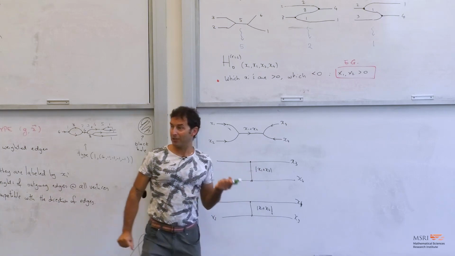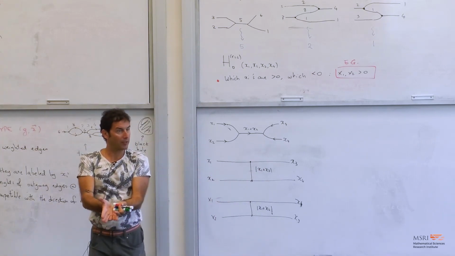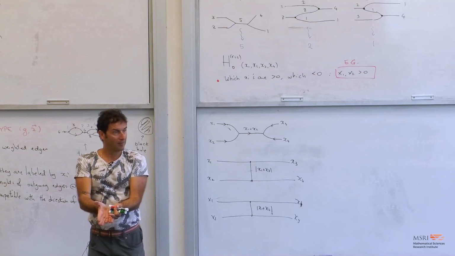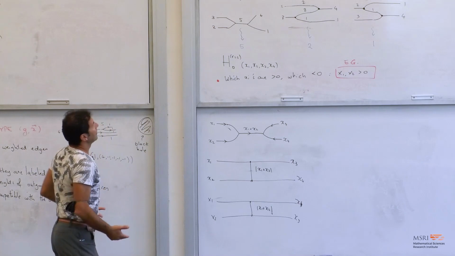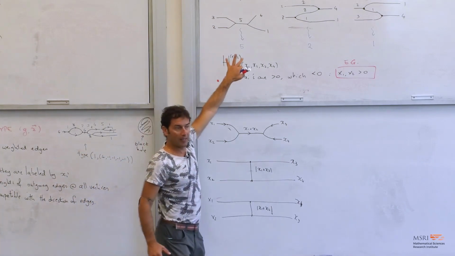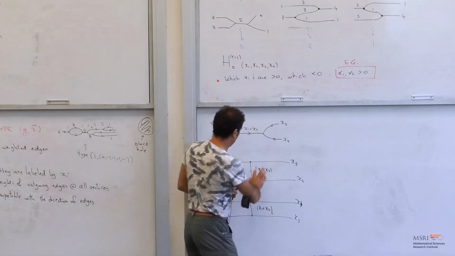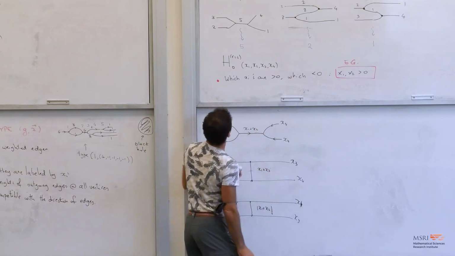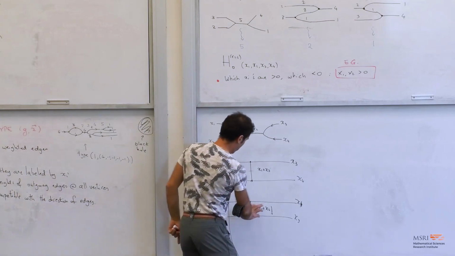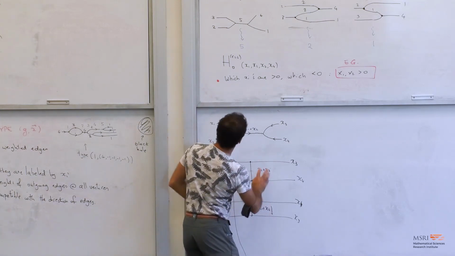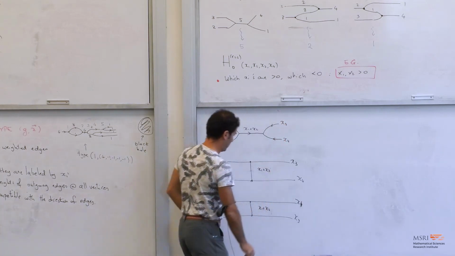Because absolute values are not polynomials, they're piecewise polynomial functions. Okay, and so in particular, again, you see that in this particular example, for this graph, I have an x1 plus x3, and for the other graph, I have an x1 plus x4. Yeah, 3 minus 1.